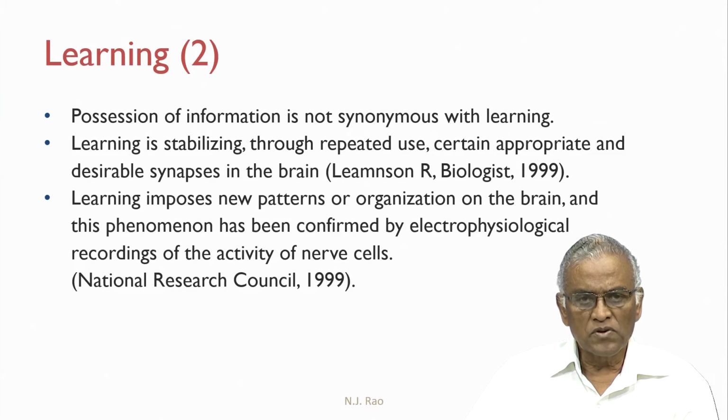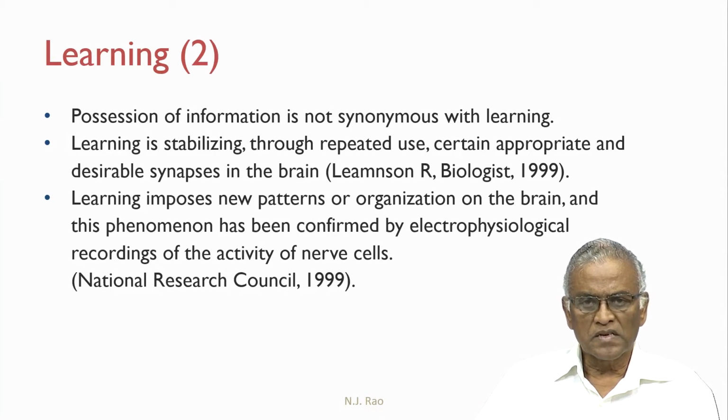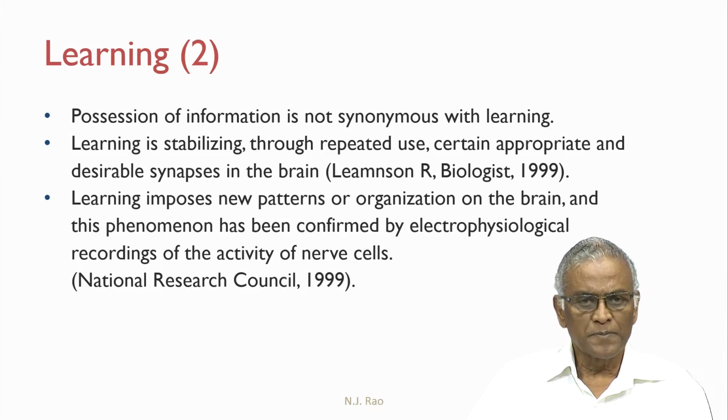From a neuroscience point of view, learning is stabilizing, through repeated use, certain appropriate and desirable synapses in the brain. After all, learning takes place in the brain. So, physiologically, certain synapses, because of repeated use, get stabilized, they become somewhat semi permanent.